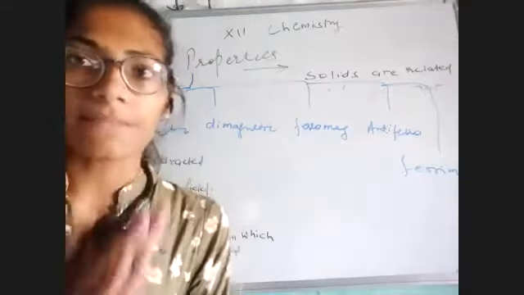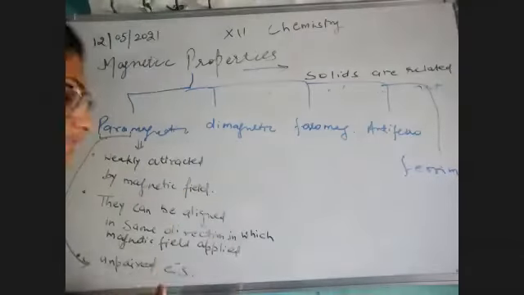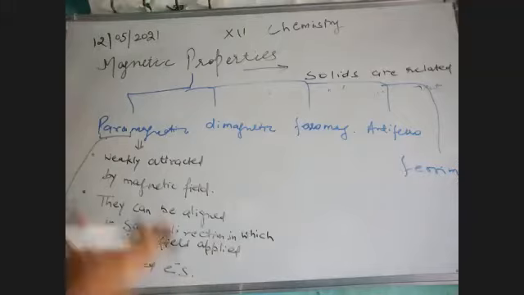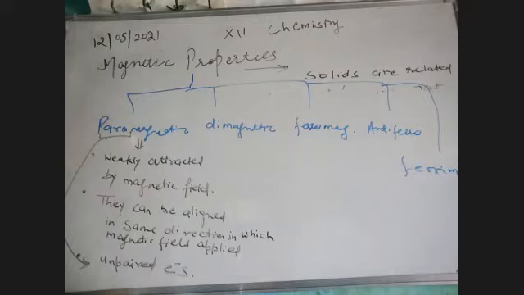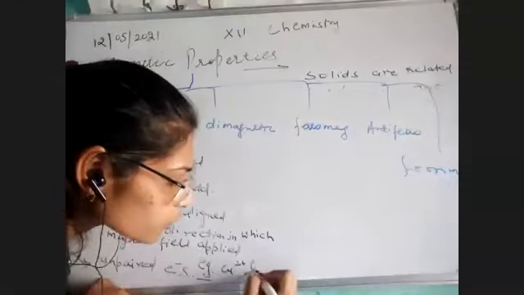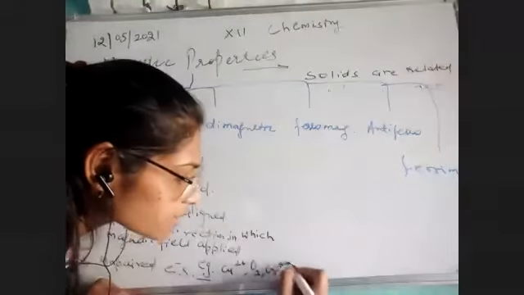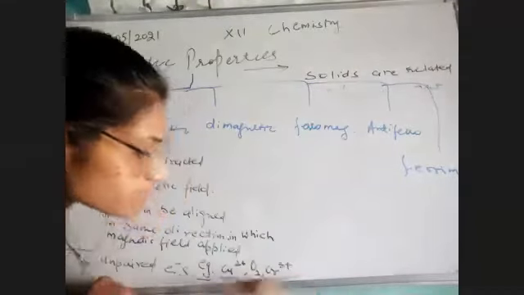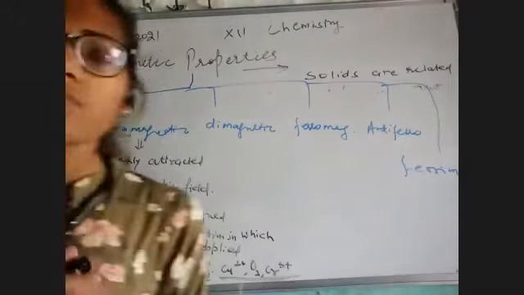So the substances that show all these properties are known as paramagnetic substances, and their property is known as paramagnetism. Now, I want to give you some examples: Cu2+, O2, Cr3+, and many more. These are some metallic compounds which show paramagnetic nature.